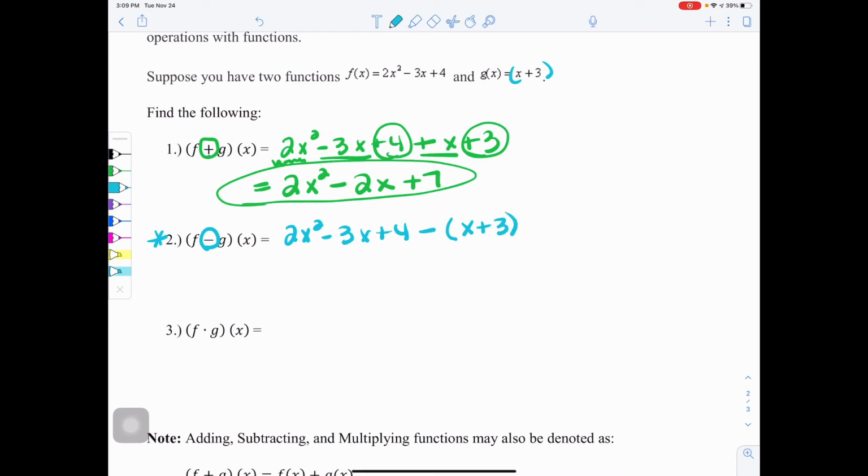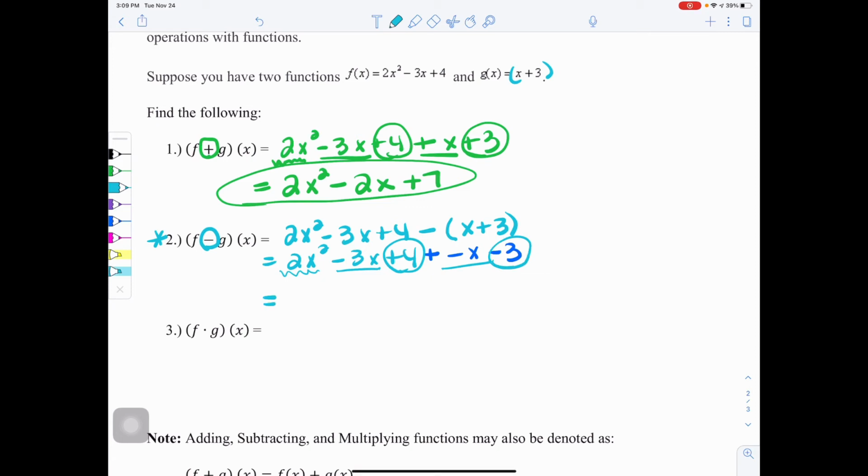This tells me I have to do a bit of leave, change. So I still have 2x squared minus 3x plus 4, but then I'm going to change the subtraction to addition and make all of the signs in the second polynomial the opposite, negative x and minus 3. Then I can find my like terms. I've got x squareds there, x here, and then positive 4 and negative 3.